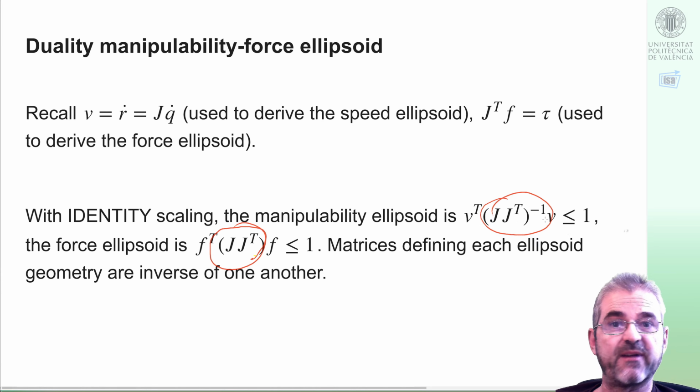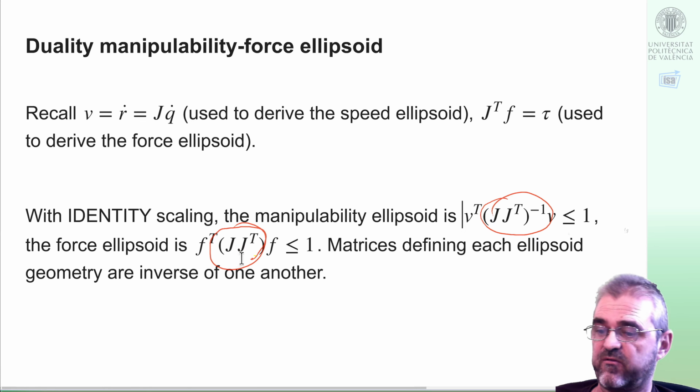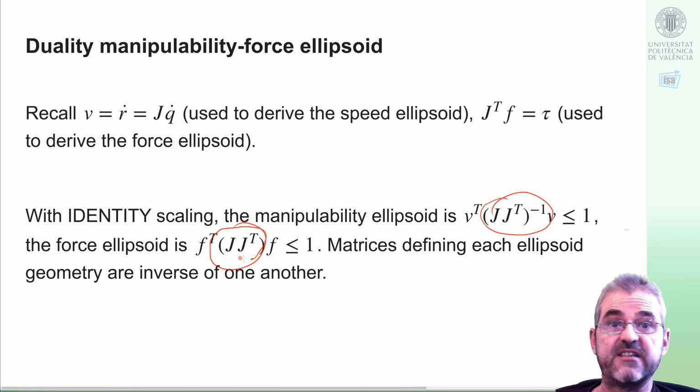If speeds are multiplied by 10, forces are divided by 10. Indeed, in the force case, if Jacobian is multiplied by 10, let's say, then force must be 10 times smaller in order to keep below 1.